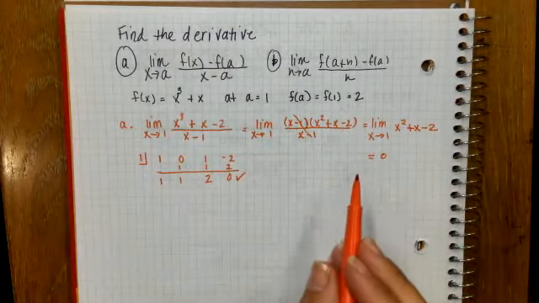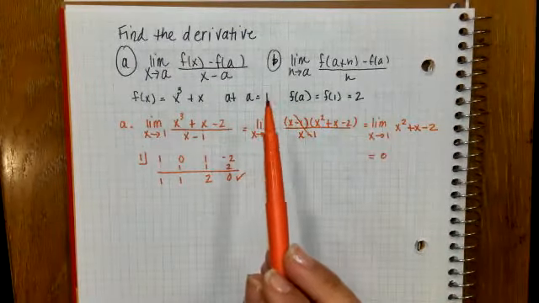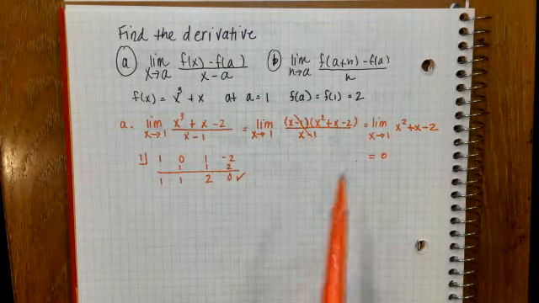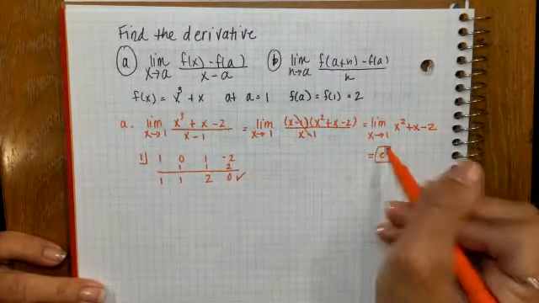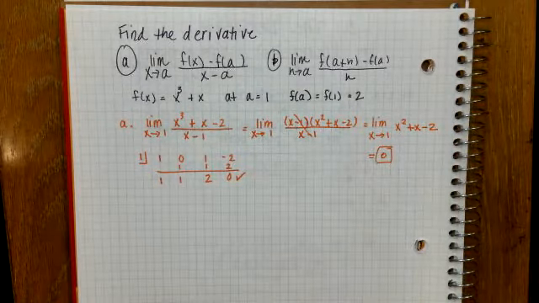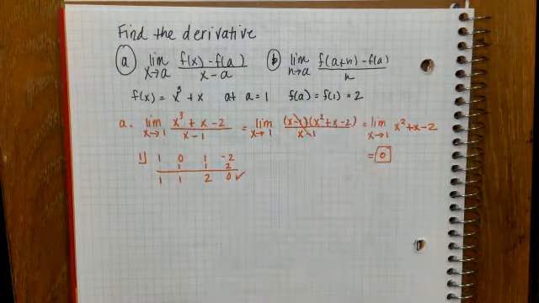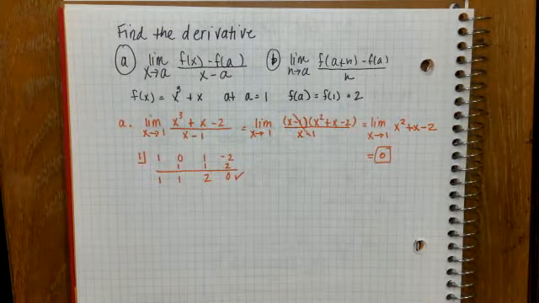This means the slope of the tangent line is 4 at the point (1, 2). Okay, well, when I do this same problem using the other definition of the derivative, I should get the same answer. Let's give it a whirl.